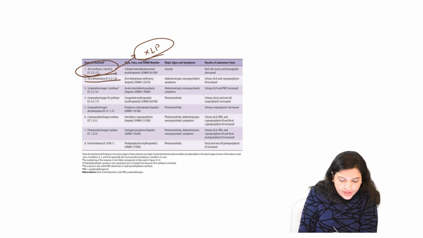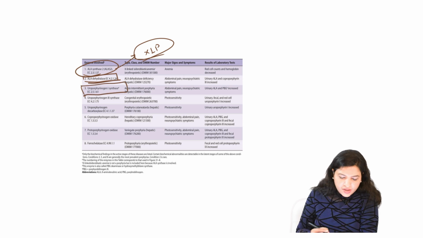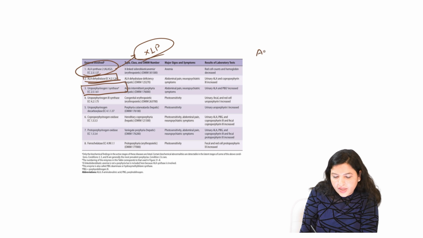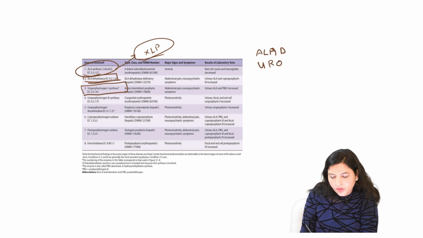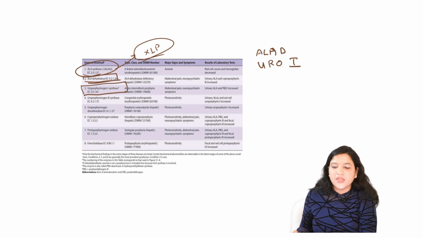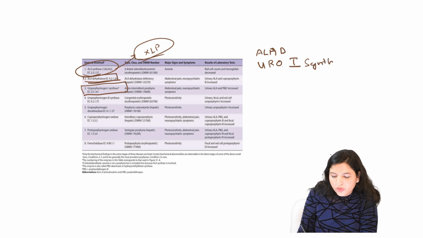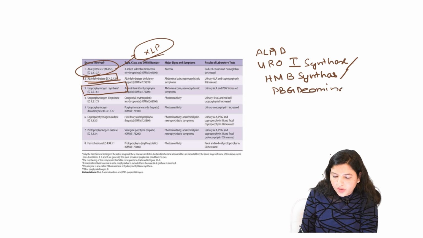But from the ALA dehydratase and uroporphyrinogen 1 synthase, if these two are deficient, that is ALA dehydratase and uroporphyrinogen 1 synthase, this enzyme is also called HMB synthase or PBG deaminase. All these names are there.